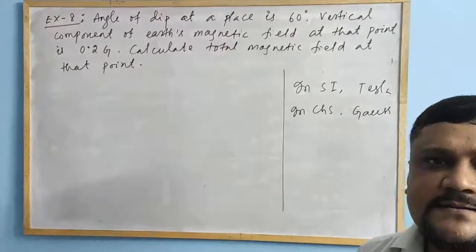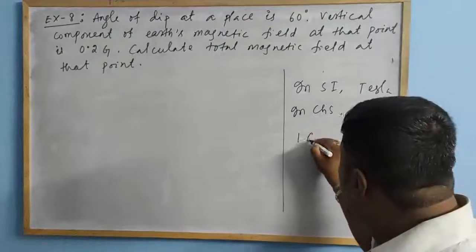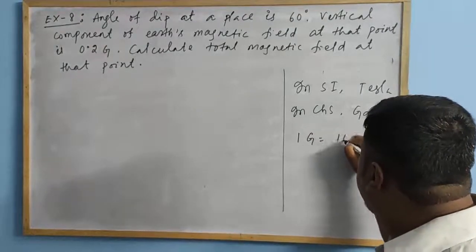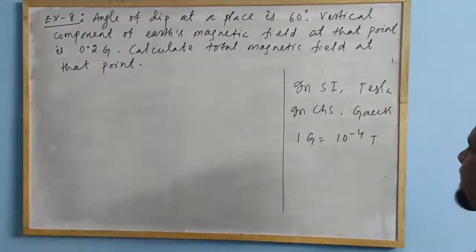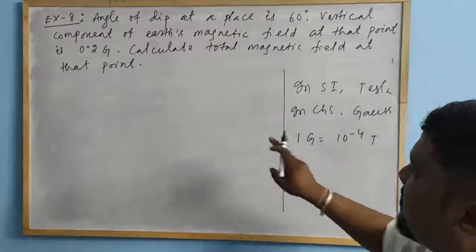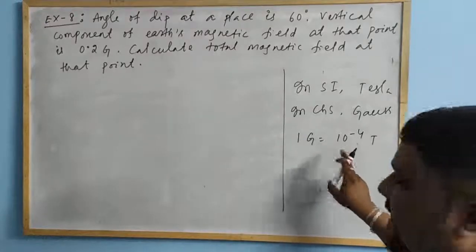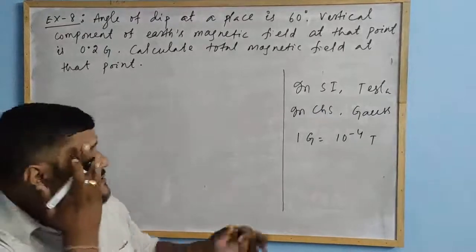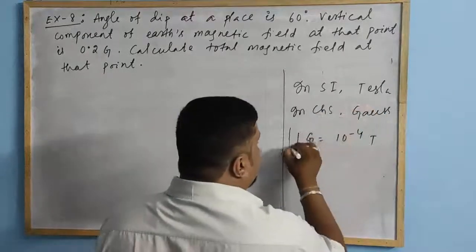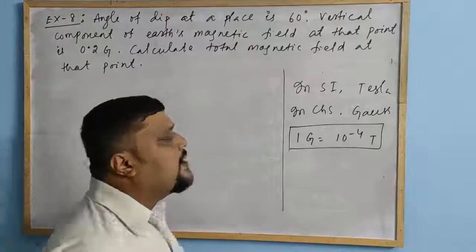In CGS, it is Gauss. 1 Gauss is equal to 10 to the power minus 4 Tesla. Okay? So if you convert Gauss to Tesla, then you have to multiply by 10 to the power minus 4. That is the conversion. Remember this, in CGS to SI, 1 Gauss equals 10 to the minus 4 Tesla.